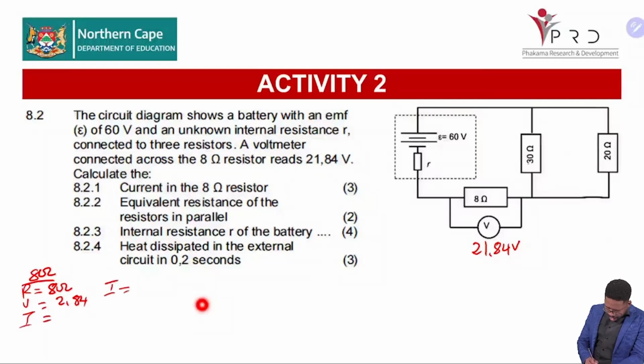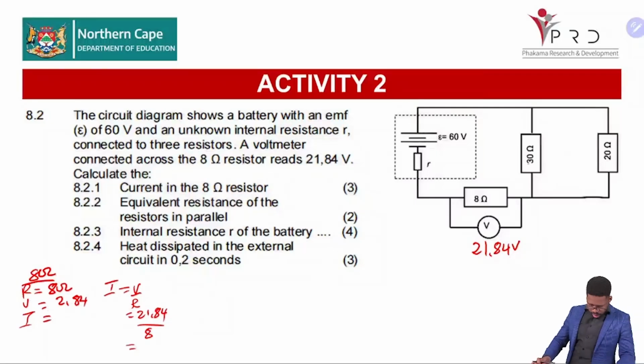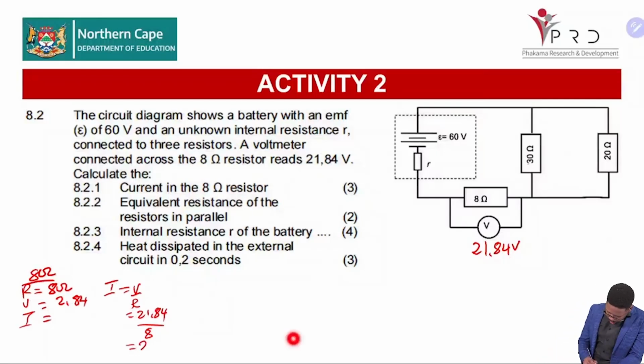Then you can say I is equal to V over R. What is your V? 21,84. What is your R? 8. Then what will be your answer? 21,84 divided by 8 ohm resistor. Then you'll get your answer as 2,73 amperes.